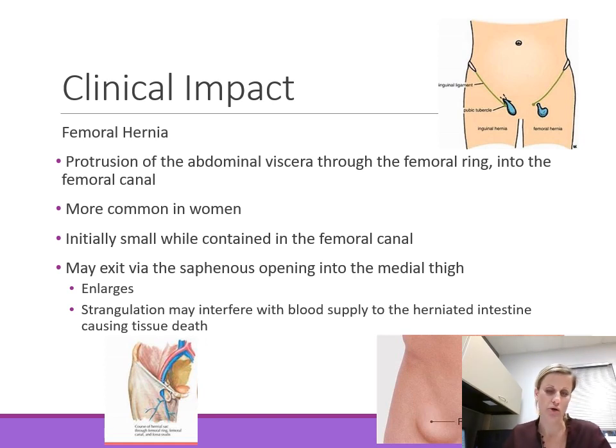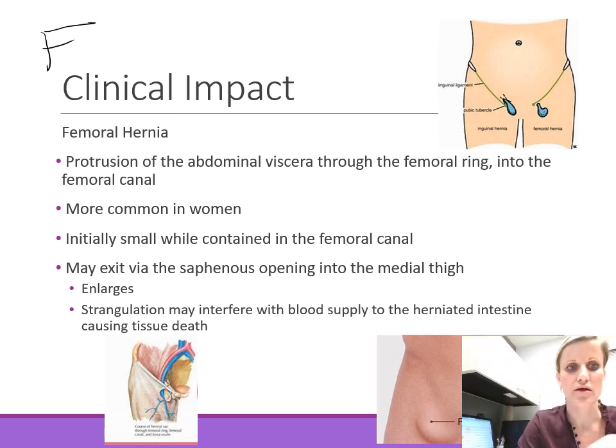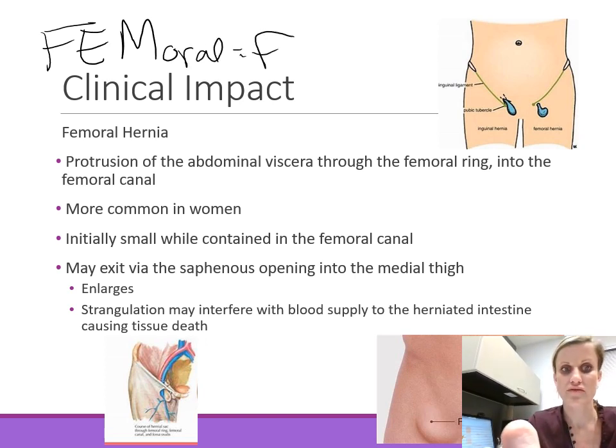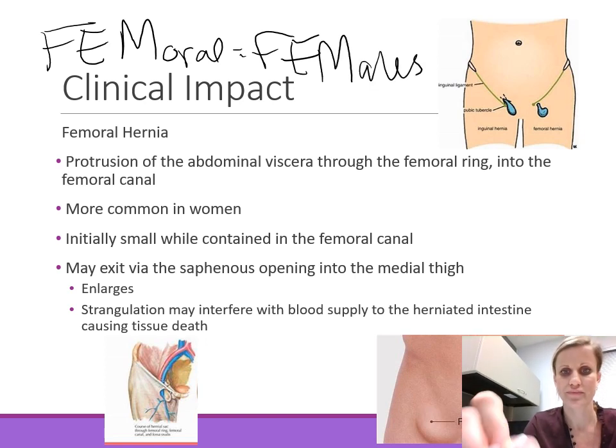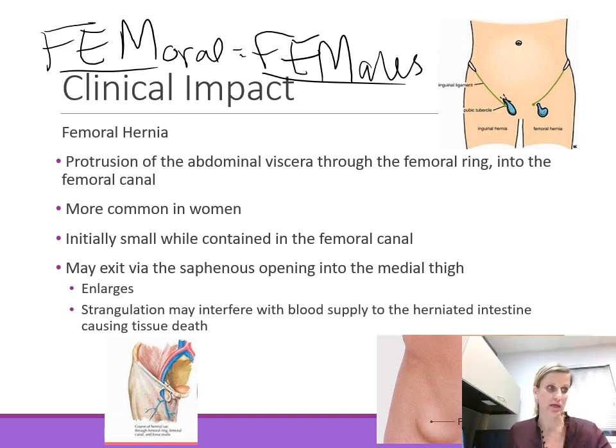Inguinal hernias are more common in men. So to remember that, just write the word femoral, right? Femoral hernias are more common in females. Okay, fem and fem. Inguinal hernias through the inguinal canal, again, are more common in men.